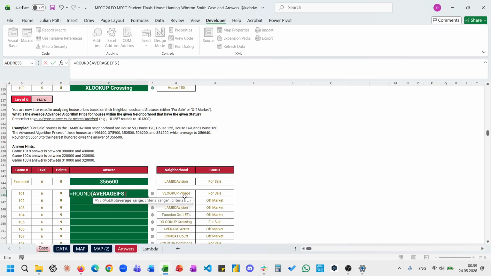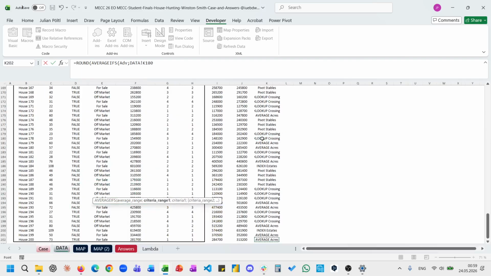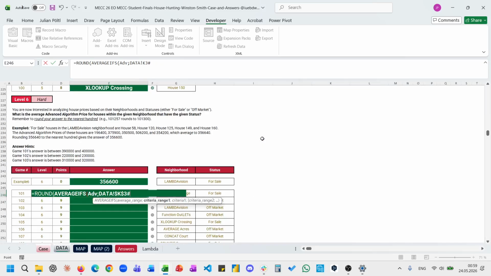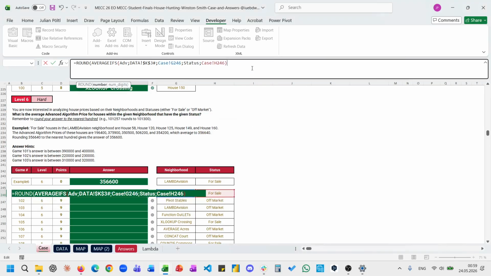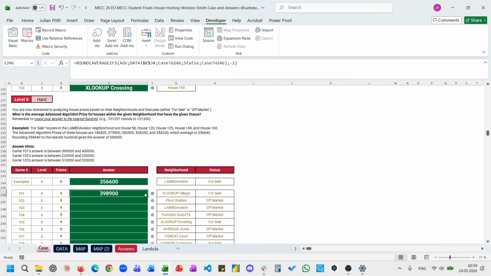So the neighborhood thing with advanced is not that easy, but basically replace based on color. This is like, in German we would say Fleißaufgabe. And then status, it's in the same writing. Oh yes, I'm missing here -2, and we're done.